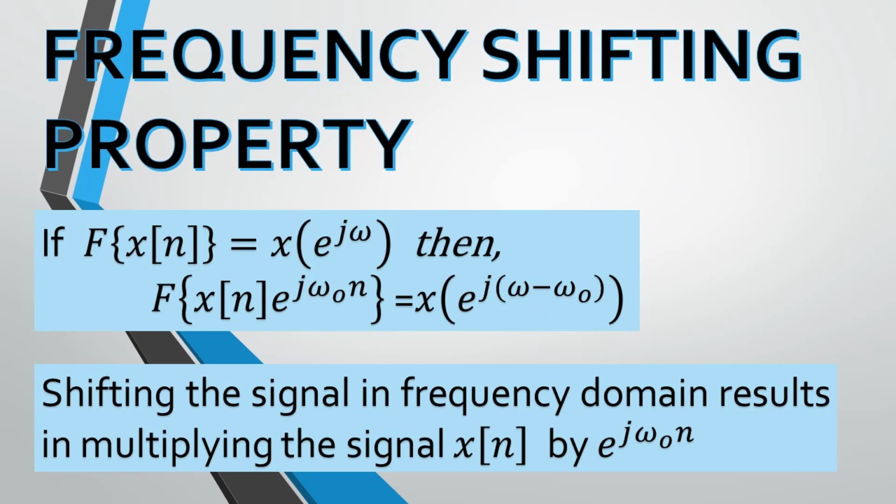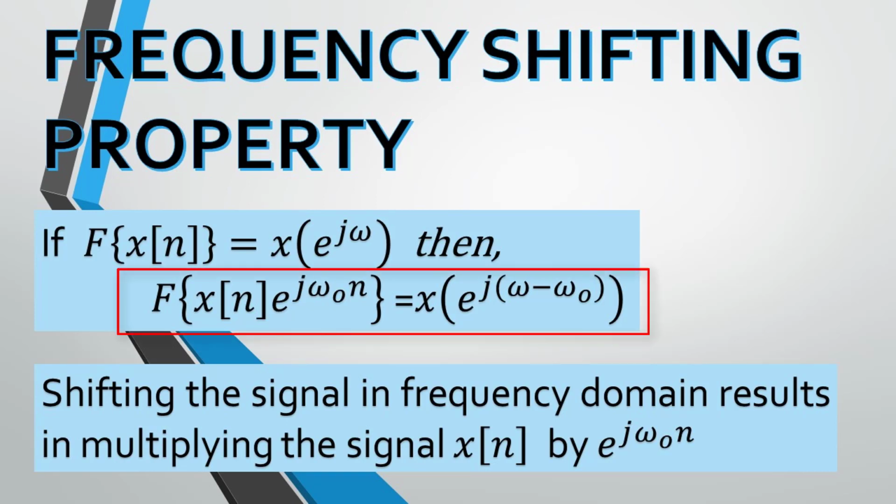The next property is frequency shifting property. If the Fourier transform of x of n is equal to X of e raised to j omega, then the Fourier transform of x of n e raised to j omega sub o n is equal to X quantity of e raised to j quantity of omega minus omega sub o.